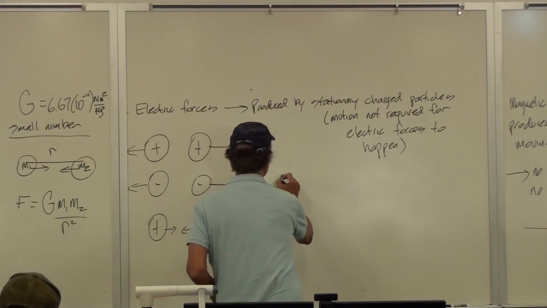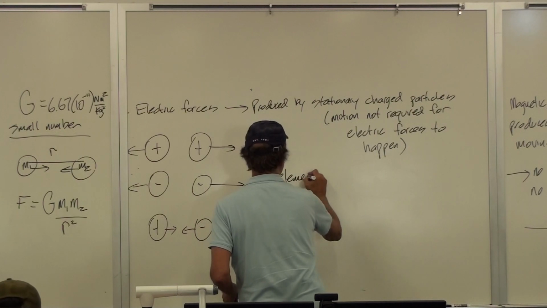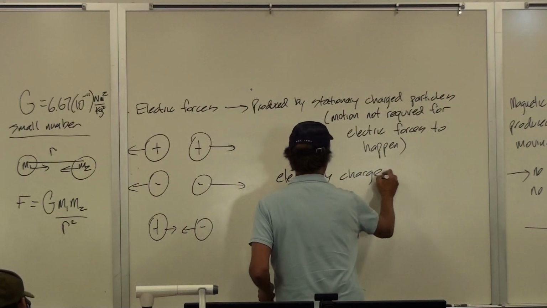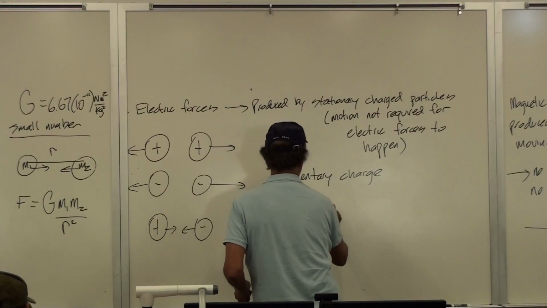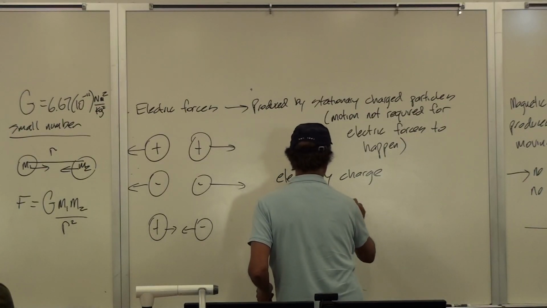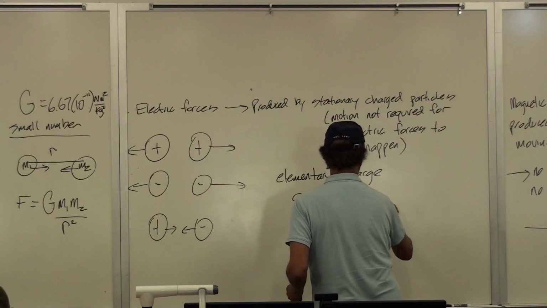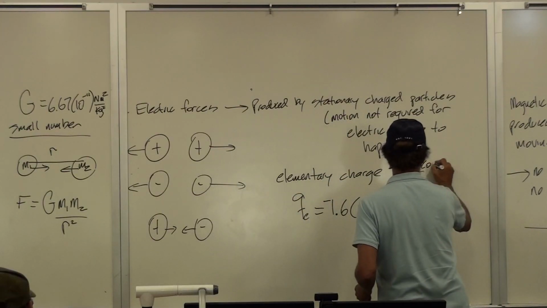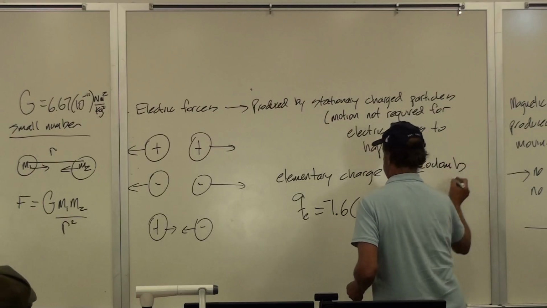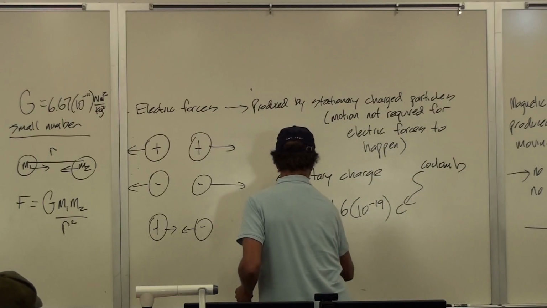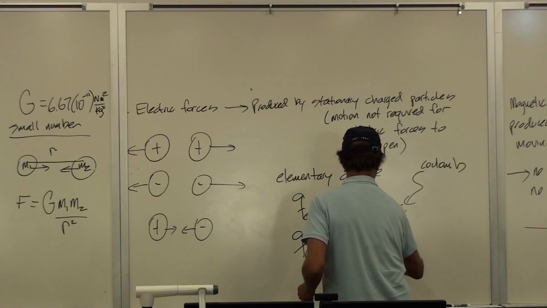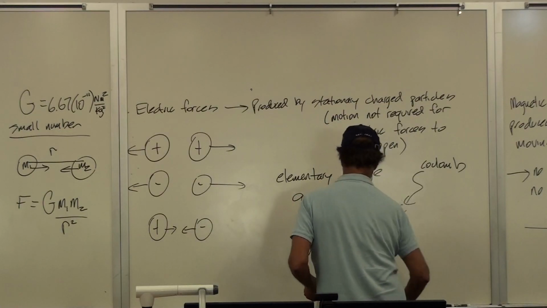And so our elementary charge is the charge on an electron. That's minus 1.6 times 10 to the minus 19 C, where C is our unit for Coulomb. And the charge on a proton is plus 1.6 times 10 to the minus 19 coulombs.